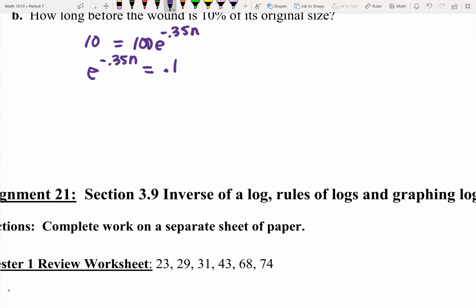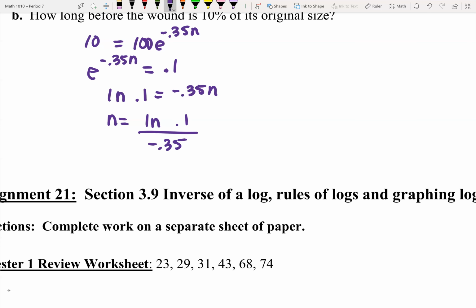What am I going to ask you? Are you stuck? What's the answer? Yes. What do you do? Convert it into what? Into log. So it's log base e of 0.1. That's ln 0.1 is negative 0.35n. Divide. n equals ln 0.1 divided by negative 0.35.